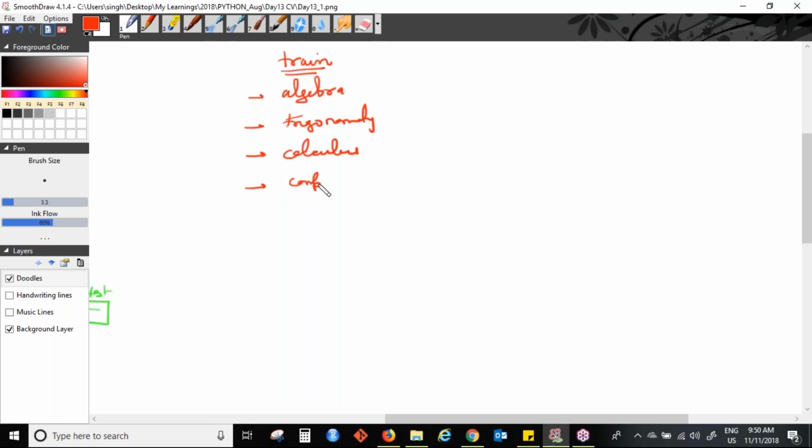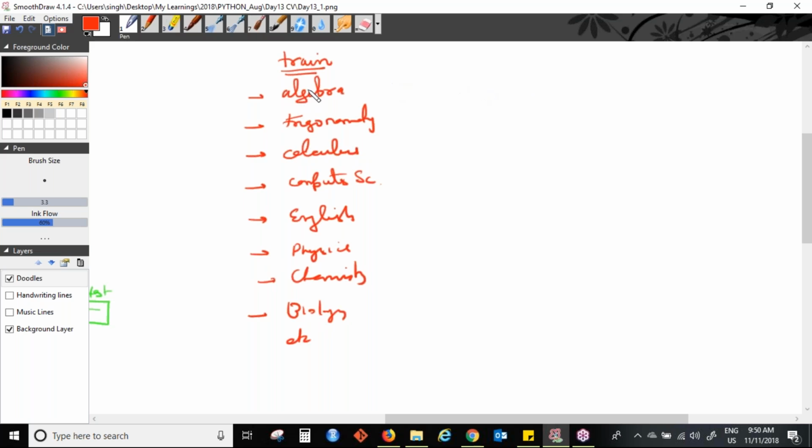I think broadly, let me write some other, let's say computer science. Let me write all the subjects. Okay, so let's say these are the topics that you are preparing on.